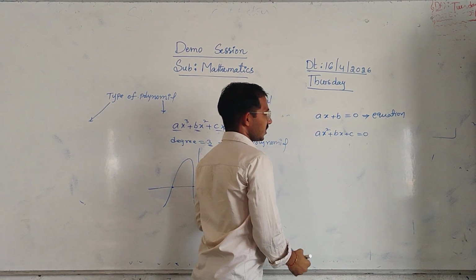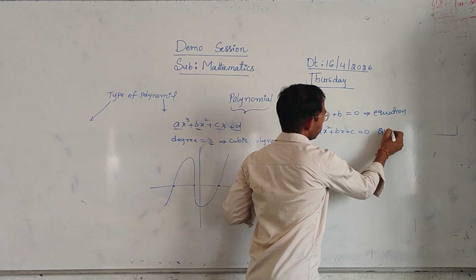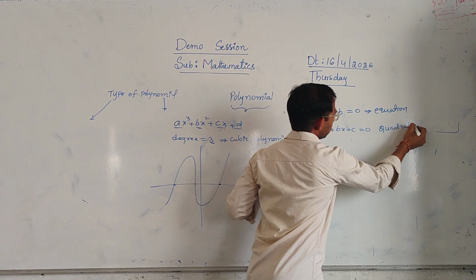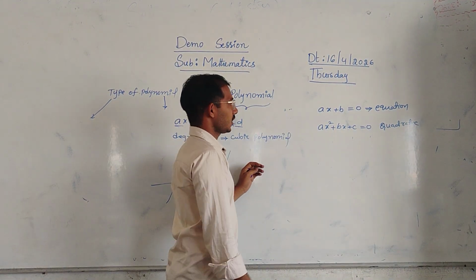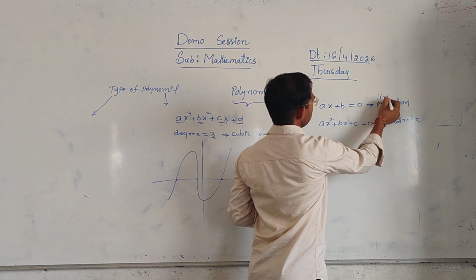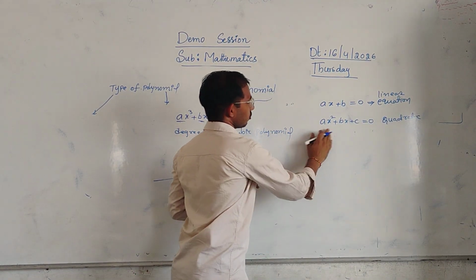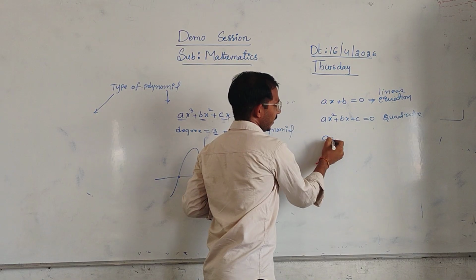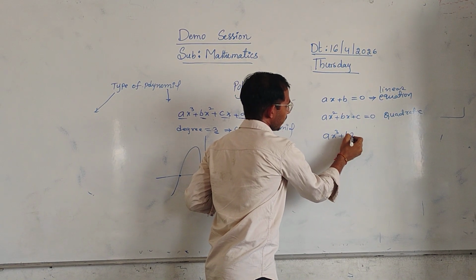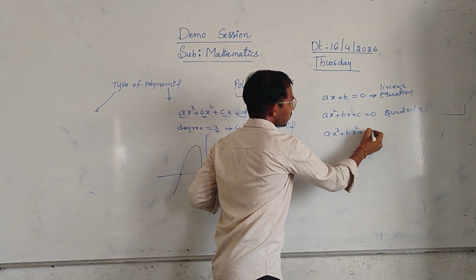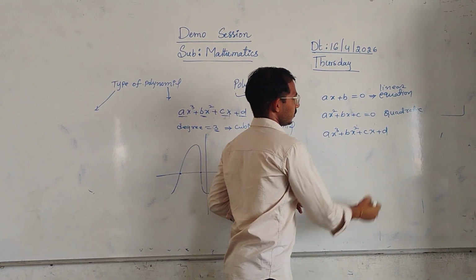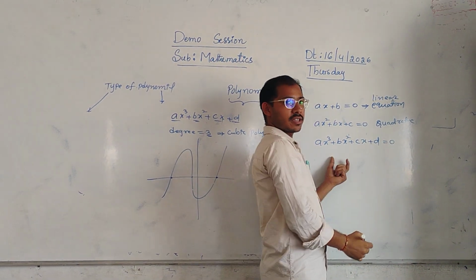So it is a quadratic equation. For cubic, ax cube plus bx square plus cx plus d is equal to 0. So it is a cubic equation.